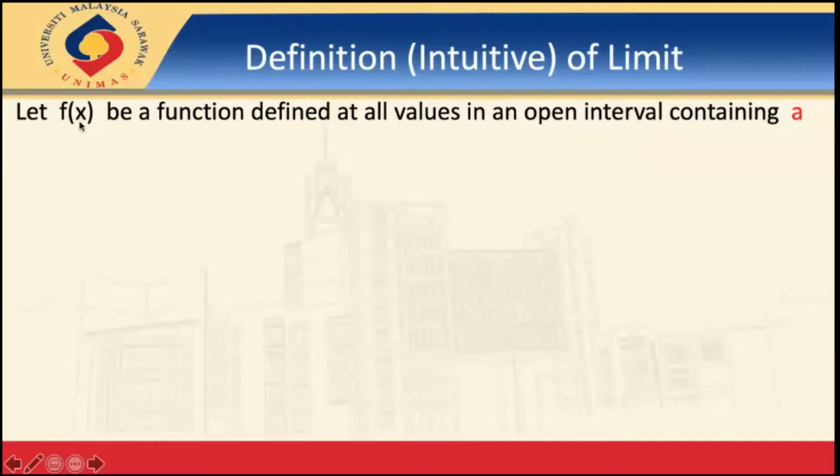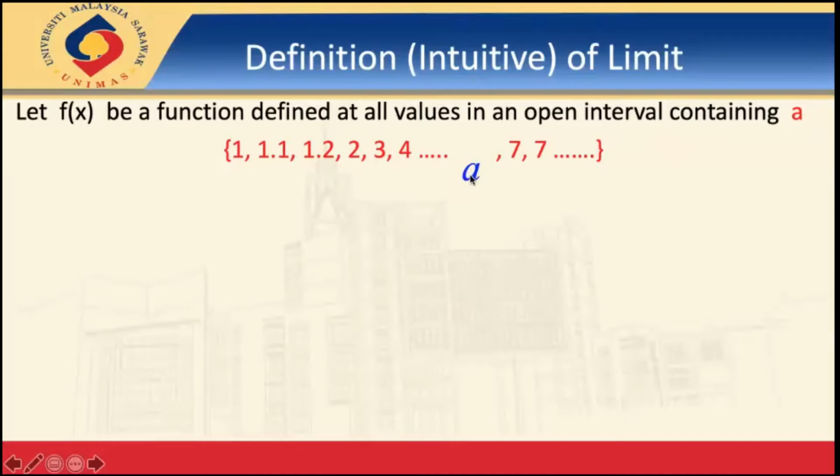Let f of x be a function defined at all values, note the point, all values in an open interval containing a. What does this mean? Open interval means that it may be any value, and containing a also. A is also included there.